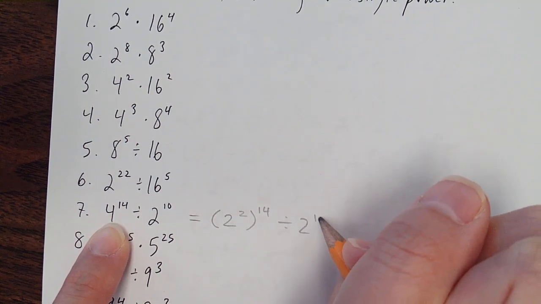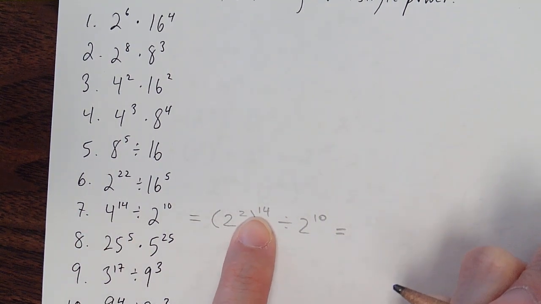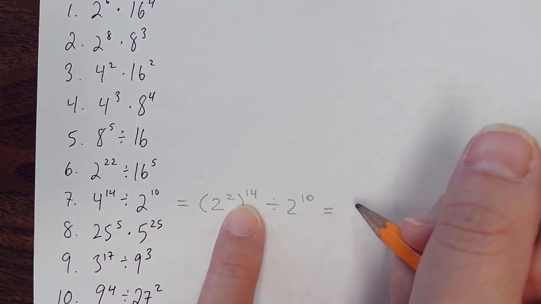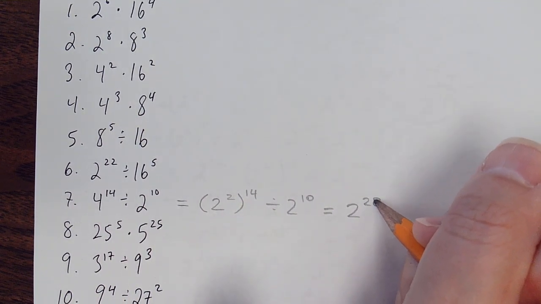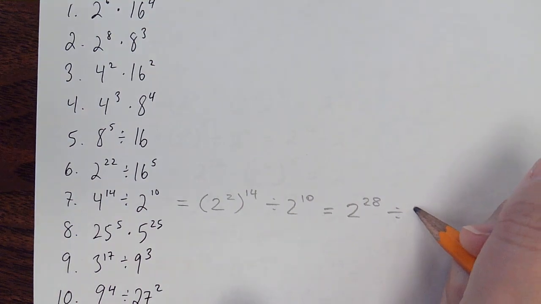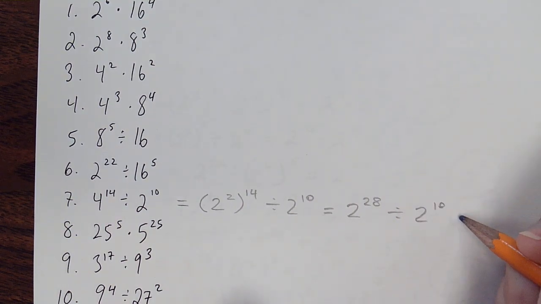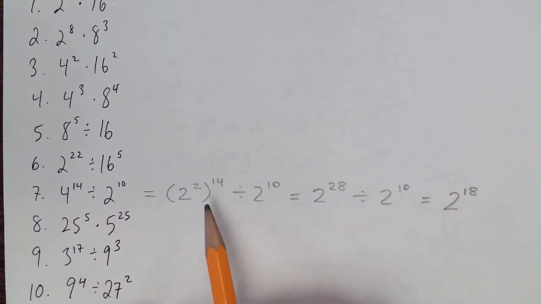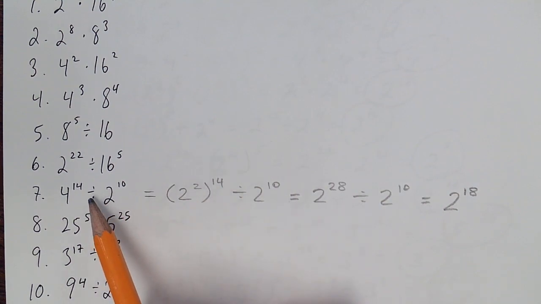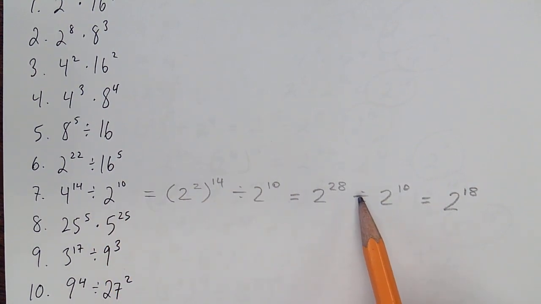Divided by 2 to the power of 10. So then now exponent raised to another exponent. That means 2 to the 28 because I multiply. And then when I divide, I subtract the exponent. So I get 2 to the power of 18. And that's my final answer. Remember with these, divide, I can write it with a division sign, or I can write it as a fraction. Both ways, you know that you're subtracting the exponent.